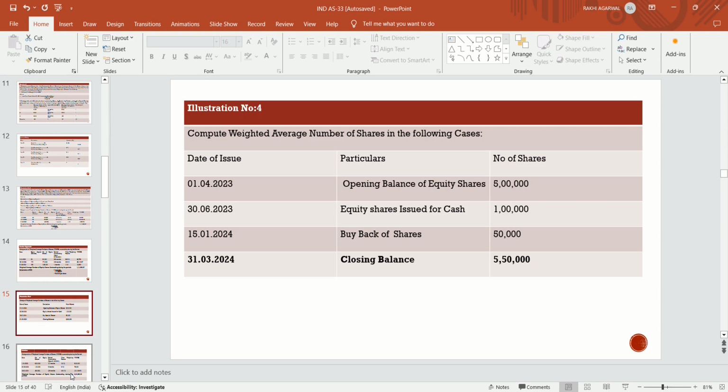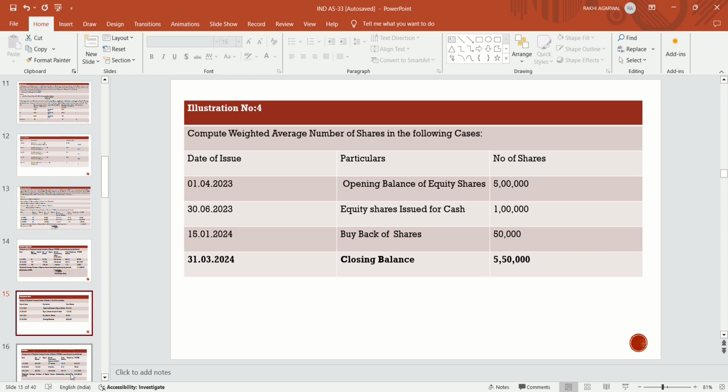Now illustration number 4. Compute the weighted average number of shares in the following case. Date of issue: 1st April 2023, opening balance of equity shares is 5 lakh. During the year, on 30 June 2023, equity shares issued for cash, that is 1 lakh.